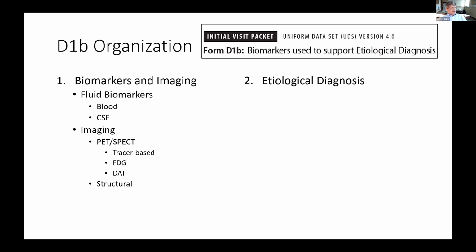That's PET or SPECT, tracer-based, FDG or DAT scans, and then structural MRI or CT. Was it used in supporting the diagnosis? There's a section for other to allow us some flexibility as biomarkers move forward rapidly, as we know they will and are, so we can capture things that are not captured right now. And then autosomal dominant genetic, an indication of when we have support for an autosomal dominant genetic cause.